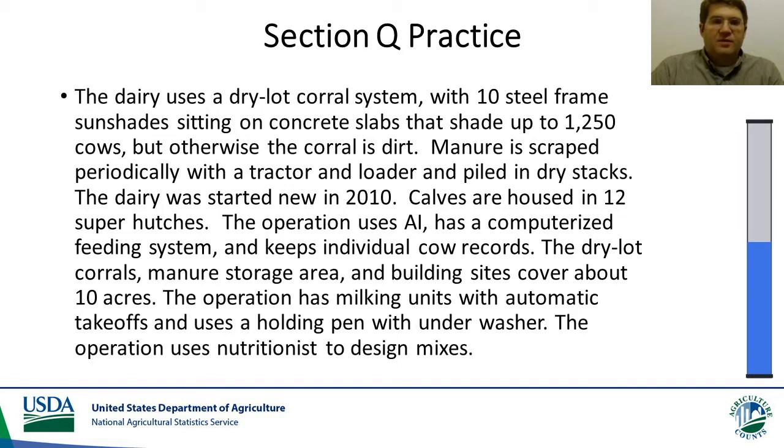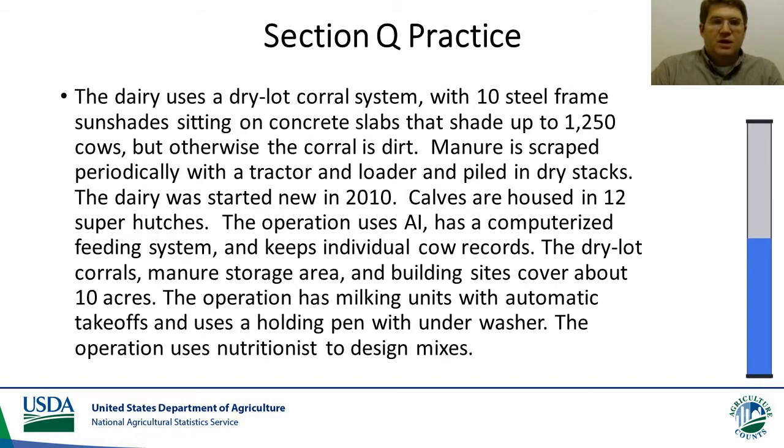They also inform us that manure is scraped periodically with a tractor and loader and piled in dry stacks. Their dry lot corrals, manure storage area, and building sites cover about 10 acres.